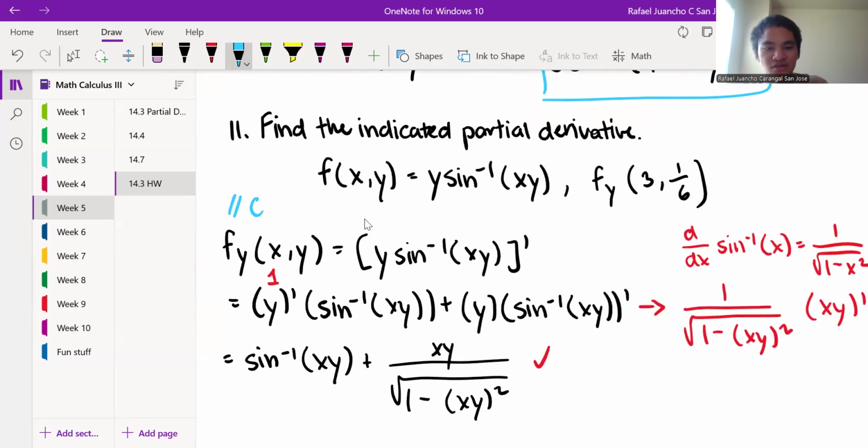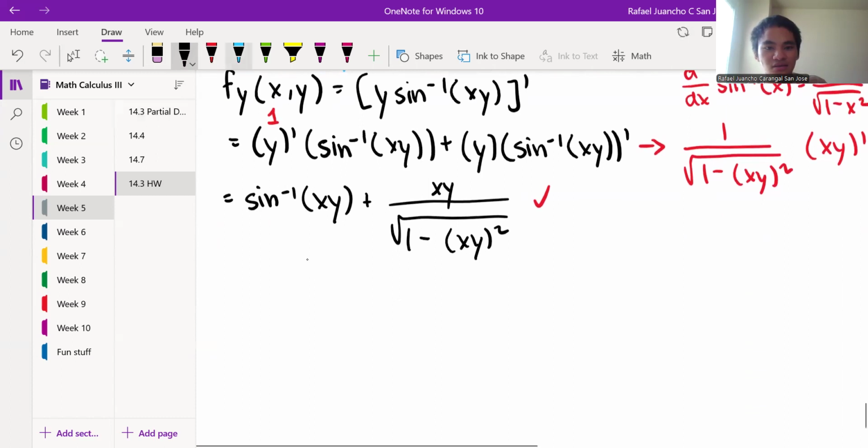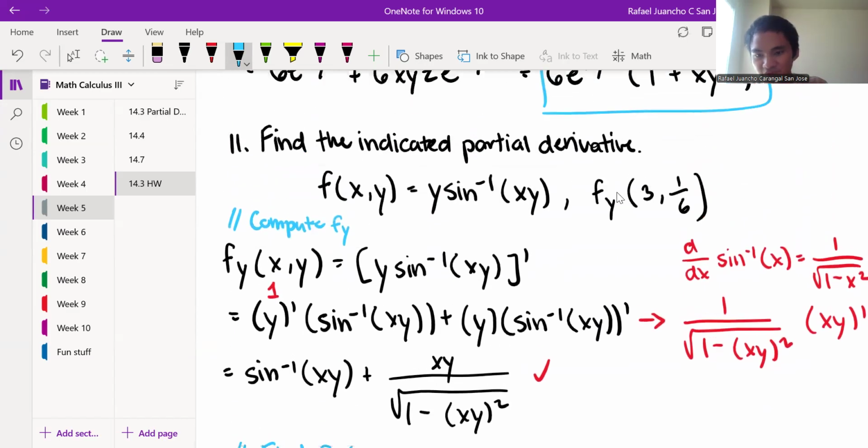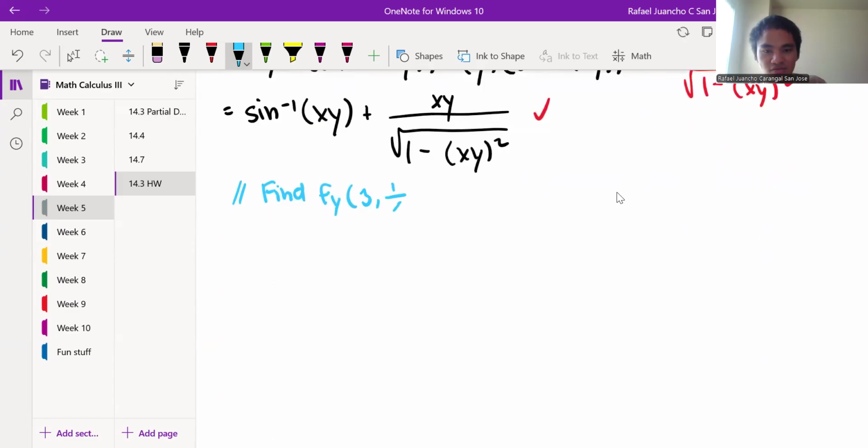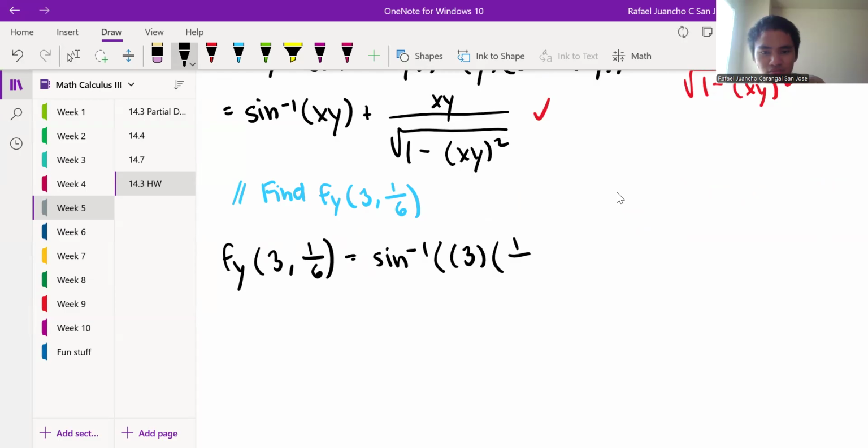So that was my first idea, which was to compute the derivative of f sub y. And now I try to find f sub y at a particular point. And so it's given (3, 1/6). So let me just quickly do that. Here's just plugging into the formula. So arcsine, I mean, we have 3 times 1 over 6, and so that's 1/2.